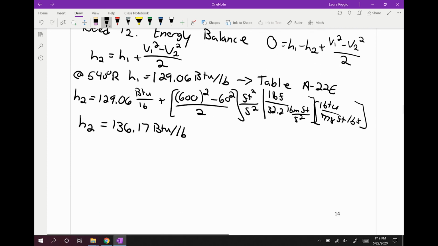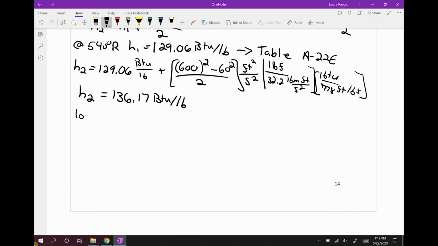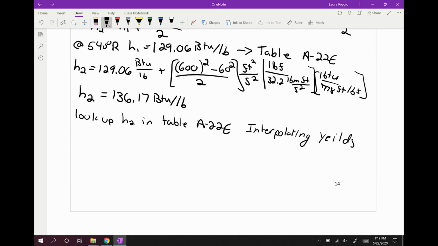So now I'm going to look up H2 in table A22E, and interpolating yields T2 is equal to 569.6 degrees Rankine.